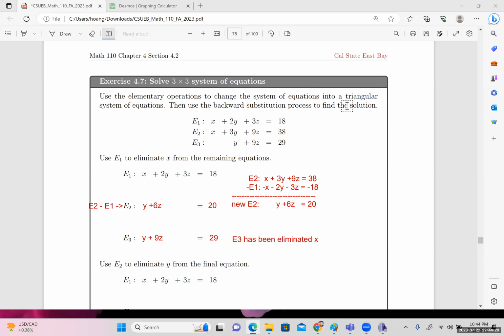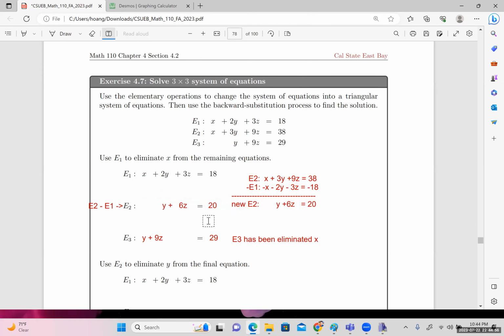so for step 1, in order to use E1 to eliminate x from the remaining equations, you see here what I did is for the new equation number 2, I just do the original one minus E1, right? And I got y plus 6z equal to 20, right?